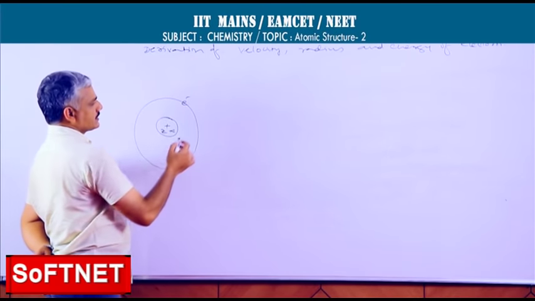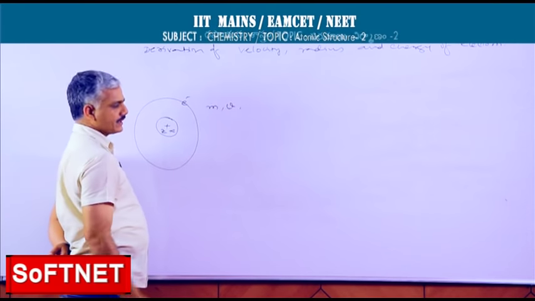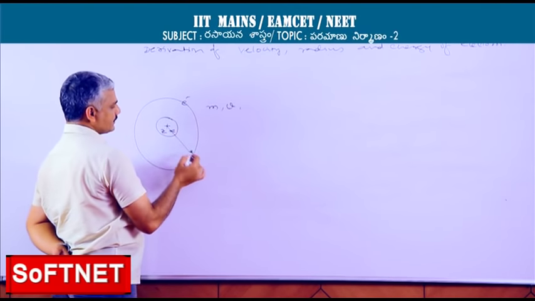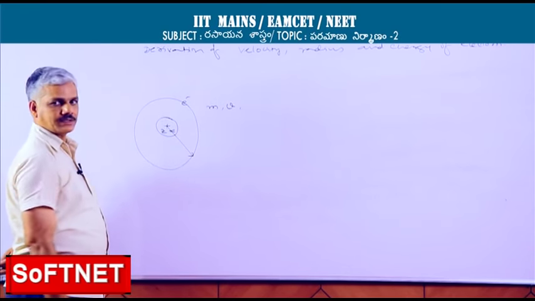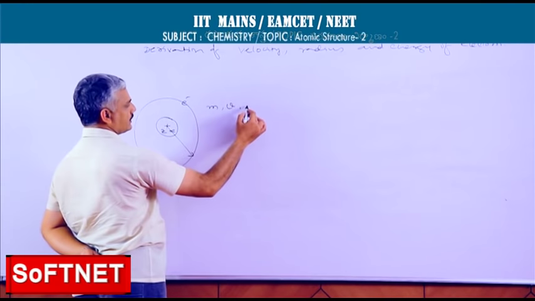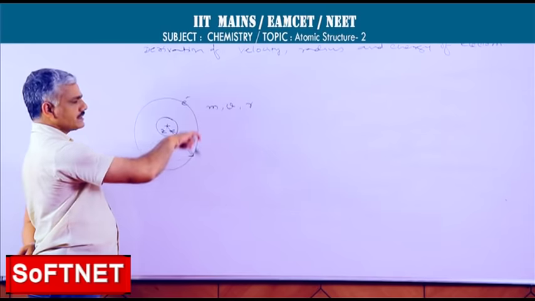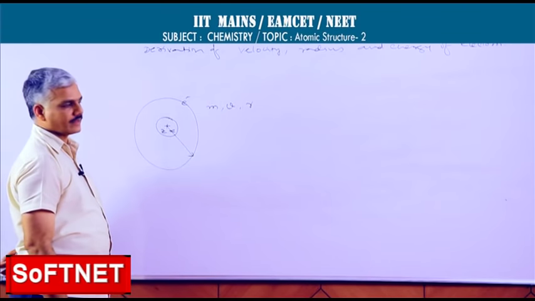Let us assume that m is the mass of electron, v is the velocity of electron, and r stands for the distance of the electron from the center of nucleus, which is literally equal to the radius of the orbit, because the orbit is in the form of a circle.